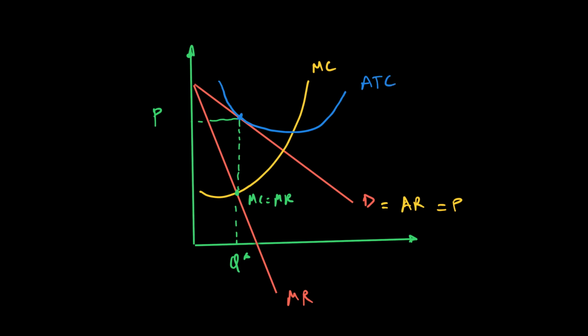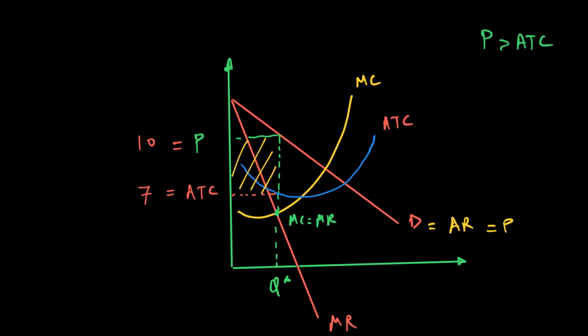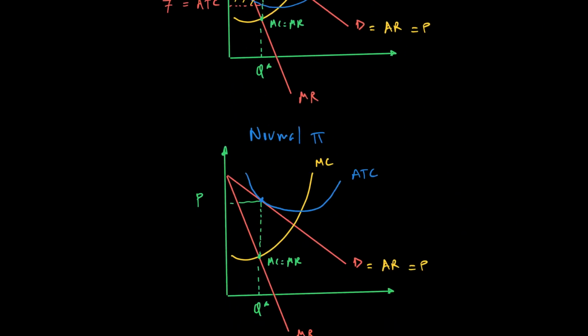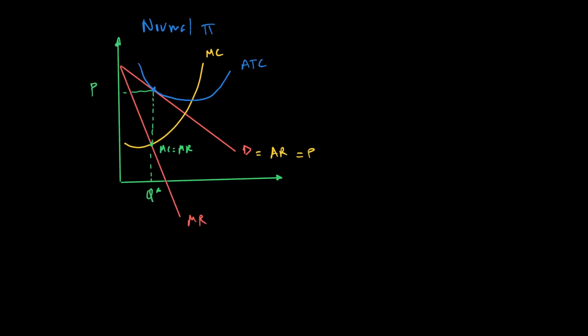When MC equals MR, I'm making what we call a normal profit. And prior to that, I was making what we call a supernormal profit, where price is greater than ATC. For normal profit, I'm going to do something like this, where price is equal to ATC.